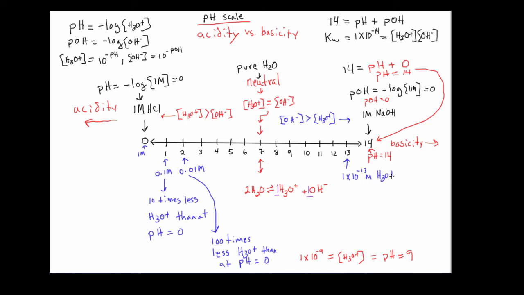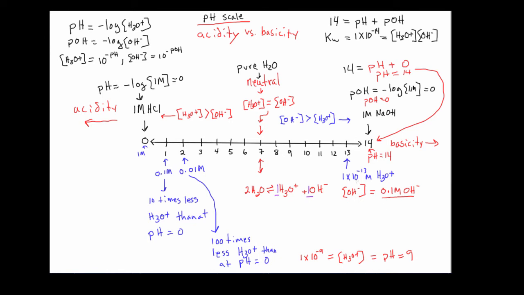And by the same token, the concentration of OH minus at this point is equal to 0.1 molar. I know I was a little redundant there, but I want to really emphasize this fact. At pH 13, we've got 1 times 10 to the minus 13 molar H3O plus, but the other side of that coin is the OH minus is 0.1 molar.